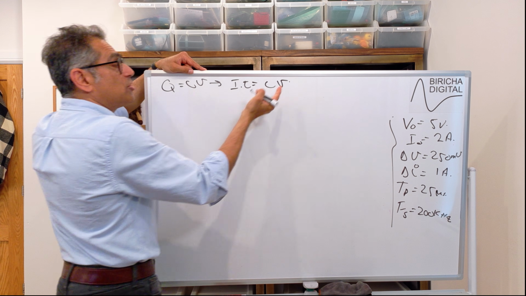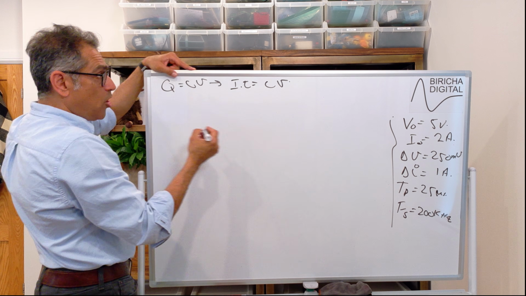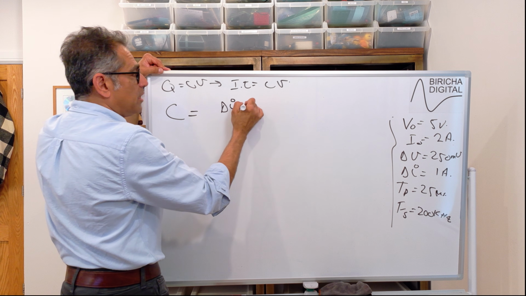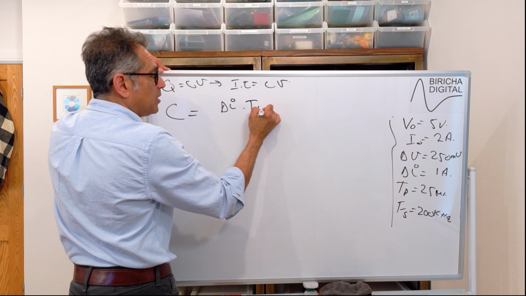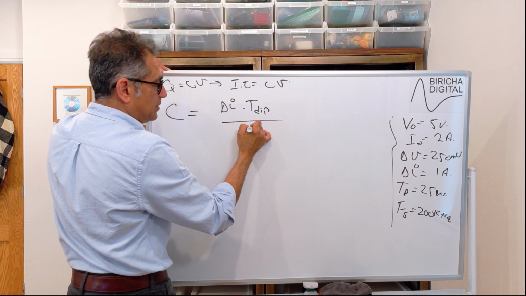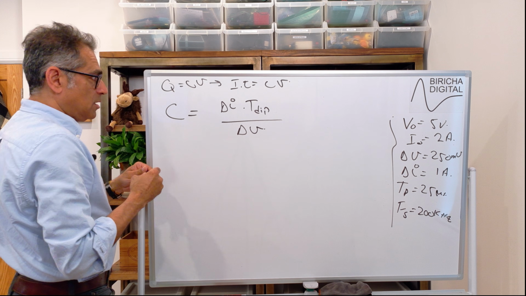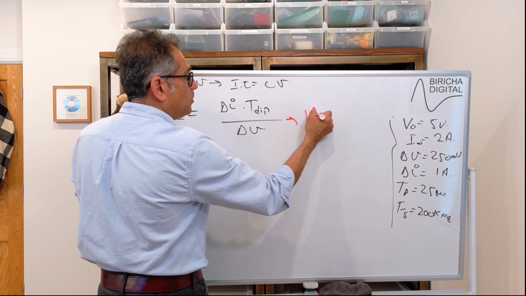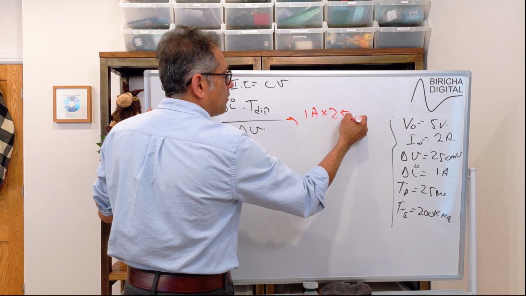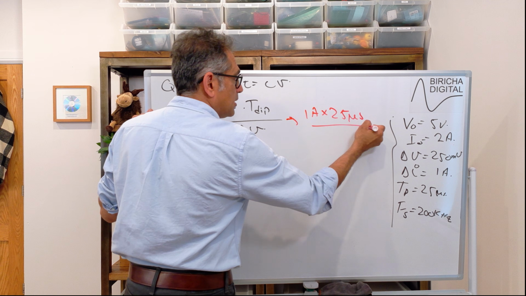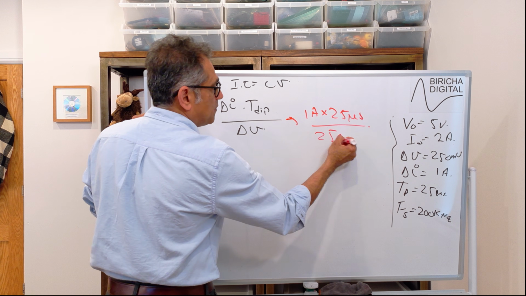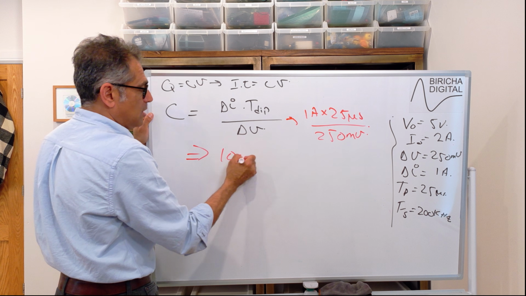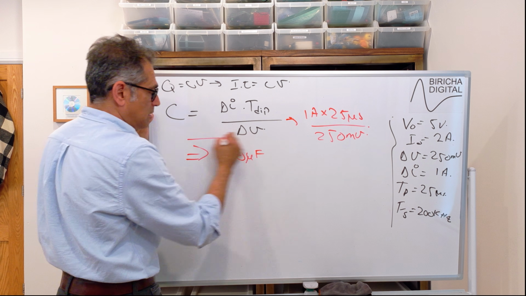CV. I'm going to rearrange this and put the deltas on. So we know that C is equal to delta I T dip over delta V. So I have 1 amp times 25 microseconds divided by 250 millivolts, which gives me 100 microfarads.